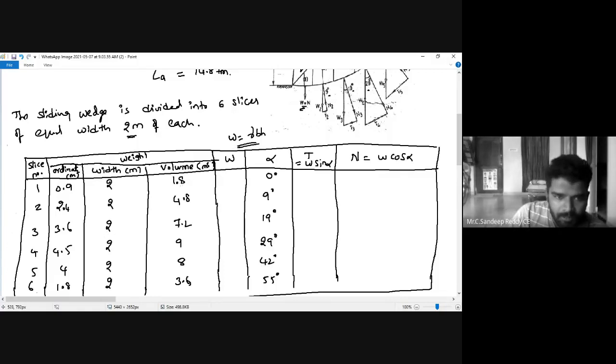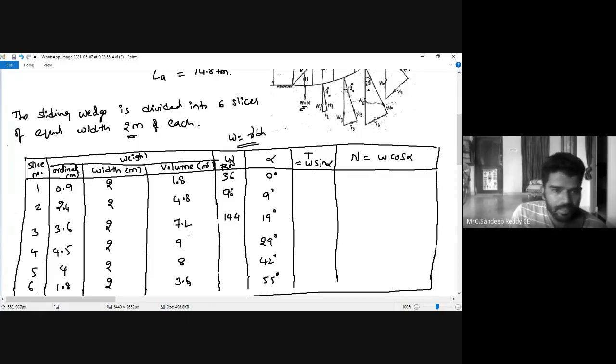So here 1.8 into 20, what is the value? 36 kilonewtons, because the gamma is given in kilonewtons. Then 4.8 into 20 kilonewton per meter cube, that is 96. Then the next 7.2 into 20, that is 144 kilonewtons.